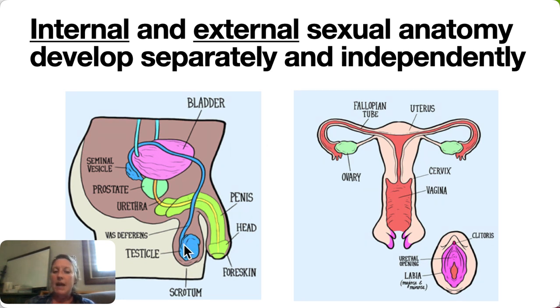In the male, the testes are where the sperm are produced. After the sperm are produced, they're stored in a structure that's wrapped around the testis called the epididymis. You'll hear that. The sperm move from the epididymis to tubes called the vas deferens.